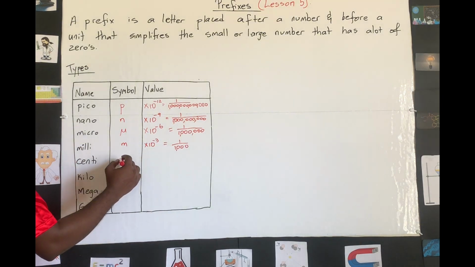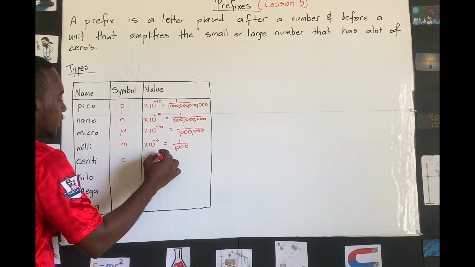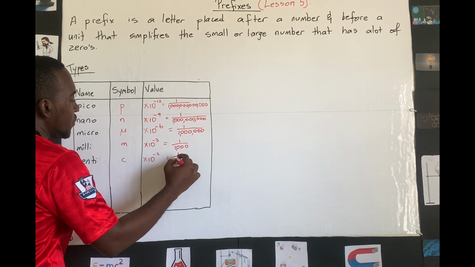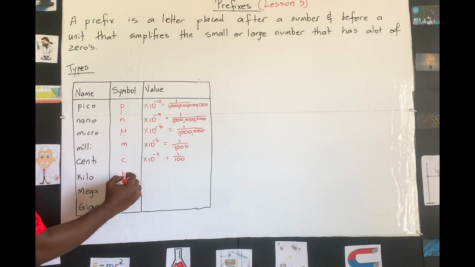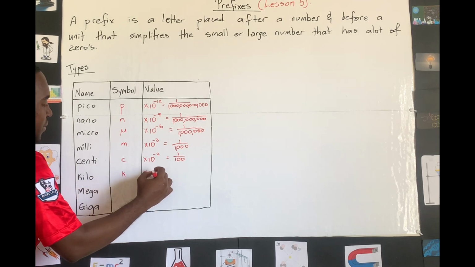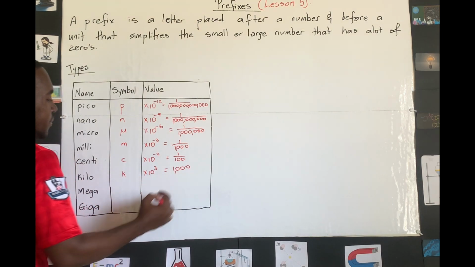Then we go to centi, which is a common c, which is times 10 to the negative 2, which is 1 over 100. Then kilo, which is a common k, which is times 10 to the positive 3, which just means multiply by 1,000.